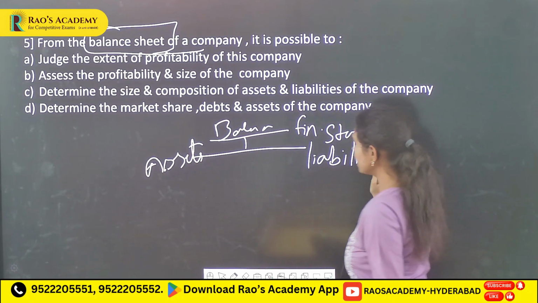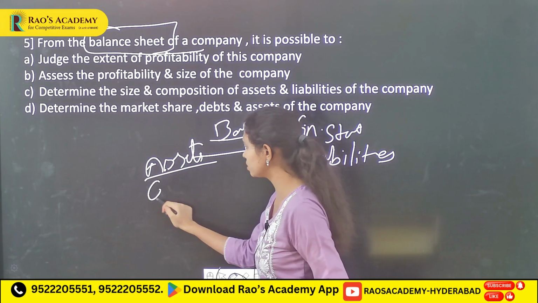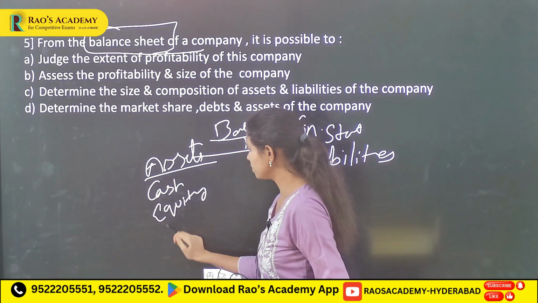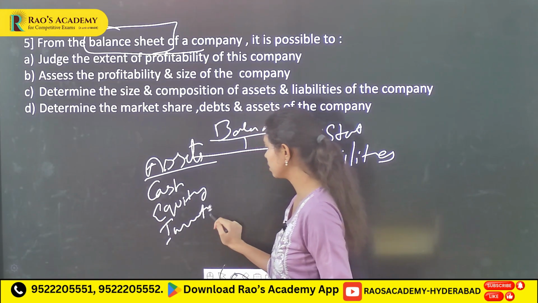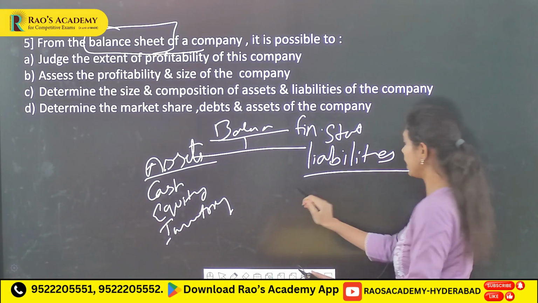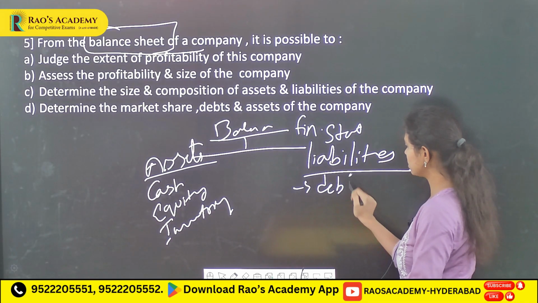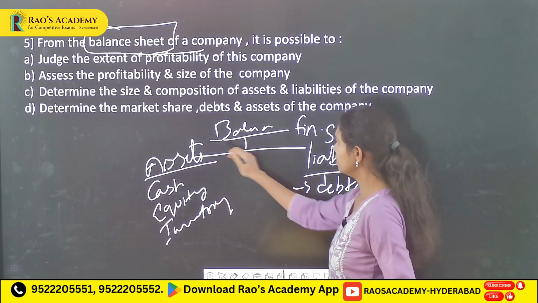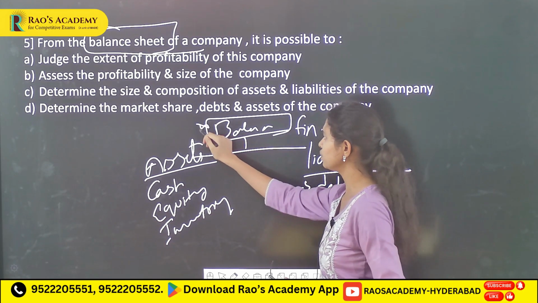And here the assets of a company include the cash, equity as well as the inventory. Then followed by the liabilities, which include the debt, or you can say the loan. So this is what the balance sheet of a company refers to.